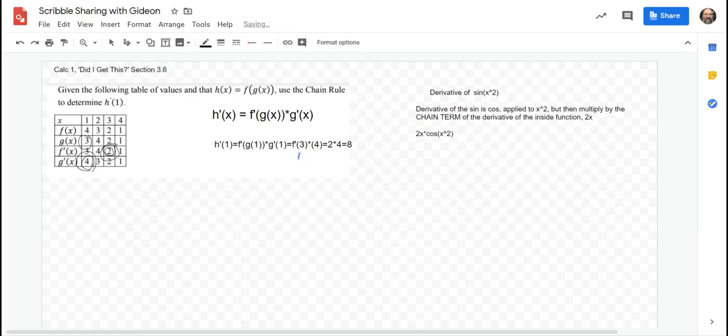The second computation was finding that g prime of 1 is 4. And the third computation was finding that f prime of 3 is 2. So g of 1, right? And then f prime is 2. And this one is g prime of 1 is 4. So those are our 3 computations: 1, 2, and 3.